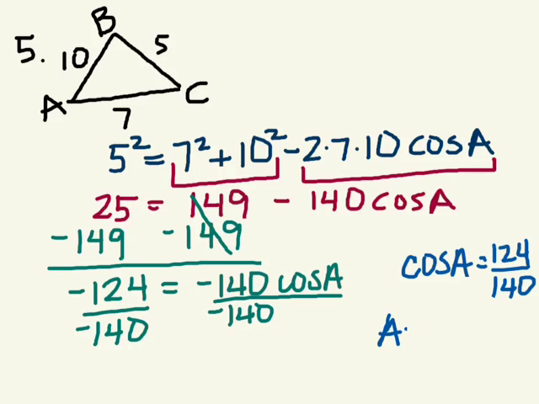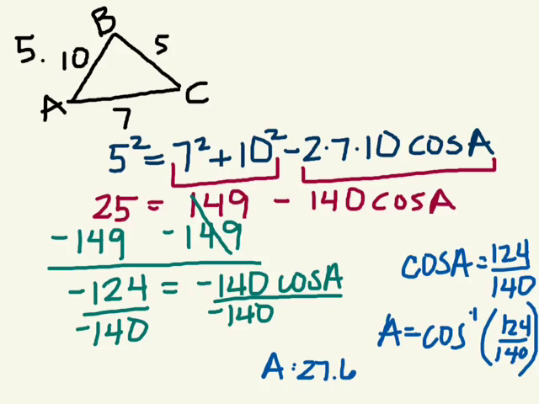So we have A equals cosine to the negative 1 of 124 over 140. And when you put that in your calculator, you should get 27.67 degrees. Rounding to 2 decimal places is fine.